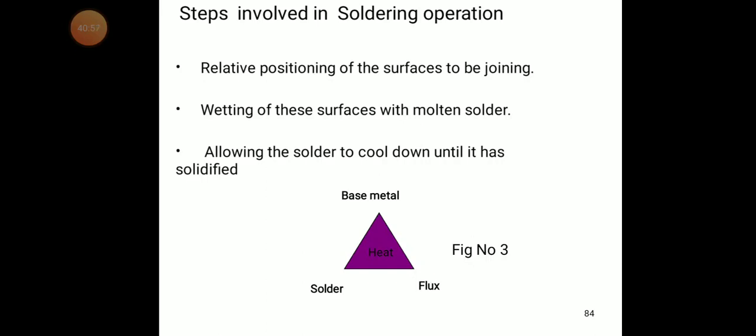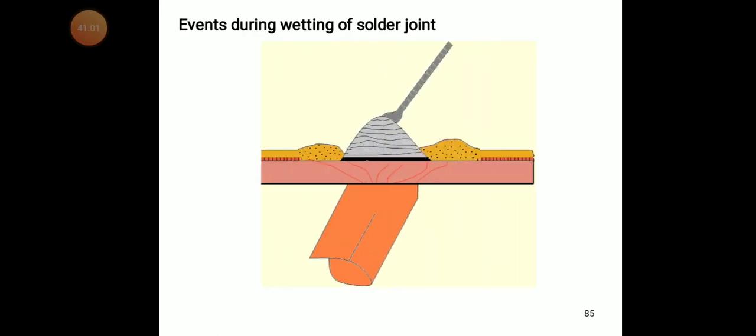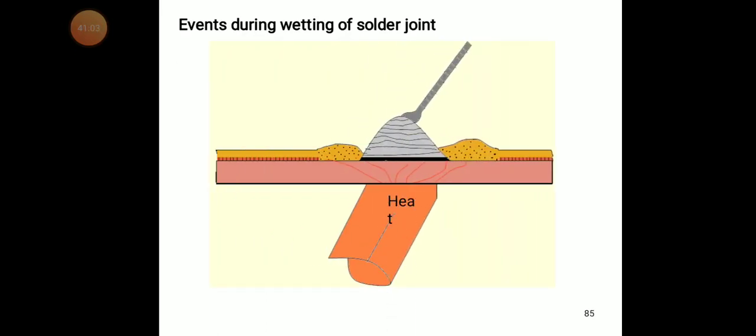You can see the solder, flux, and base metal. Now the events during the wetting of the solder joint: first we need to apply the heat, and then copper. You can see the solid solder, and next you can see the copper oxide.